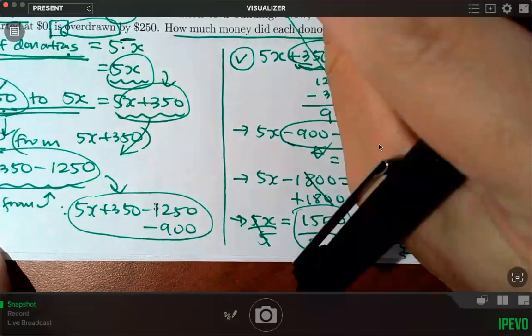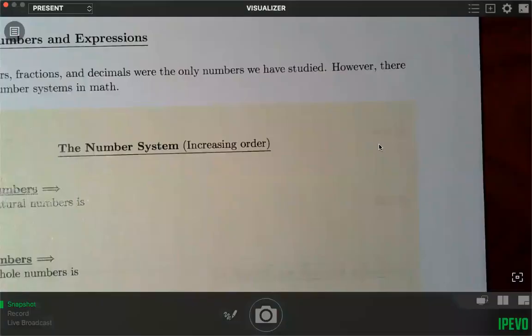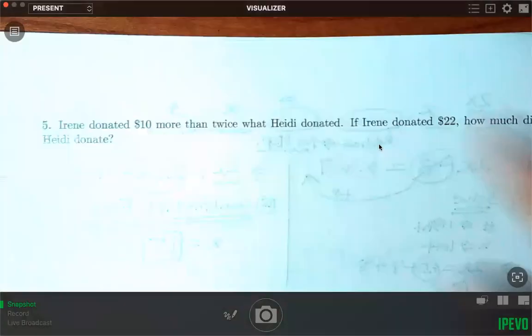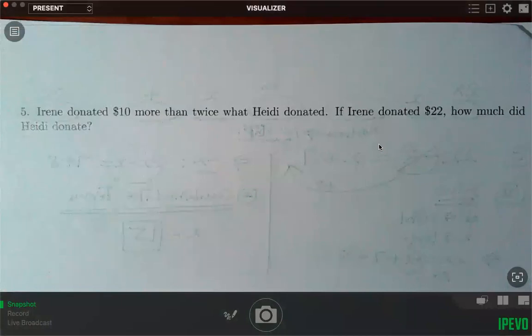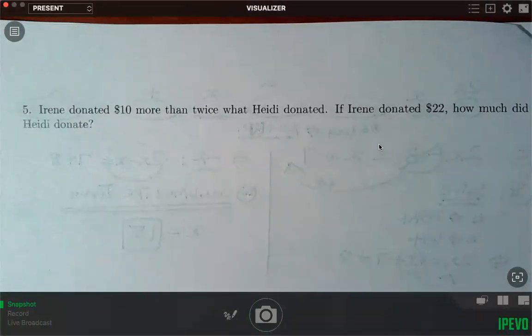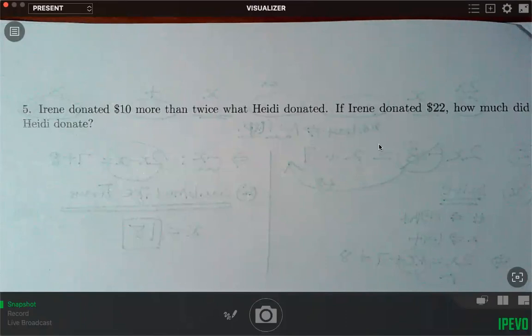Okay, so now the one last problem within the section. Irene donated $10 more than twice what Heidi donated. If Irene gave $22, how much did Heidi give? Okay, so here y needs to be set equal to x.